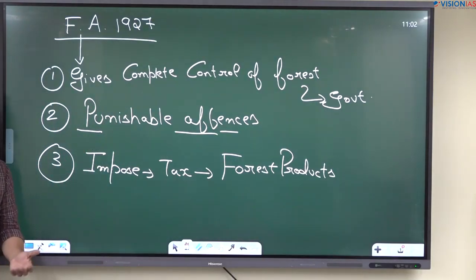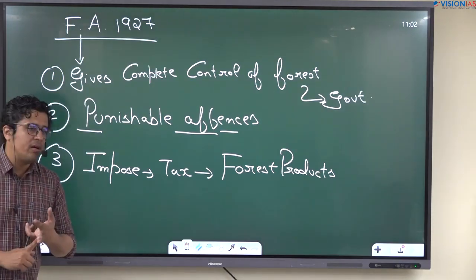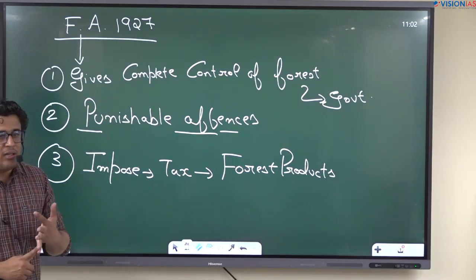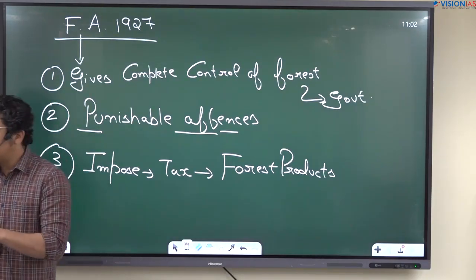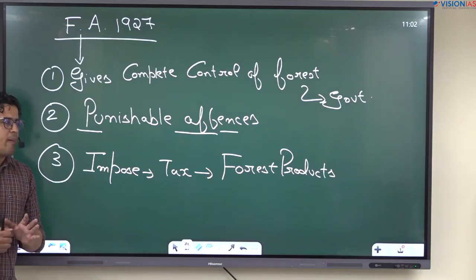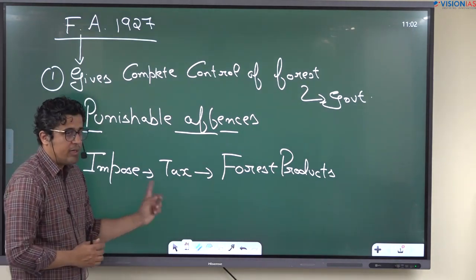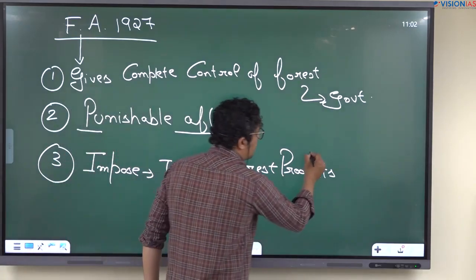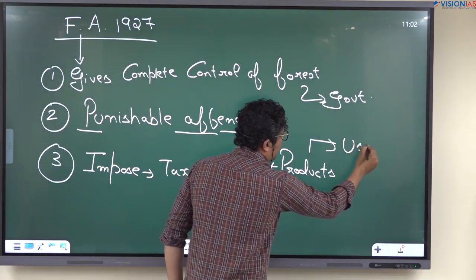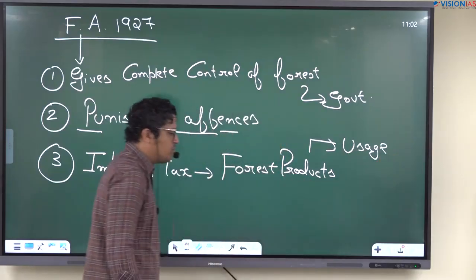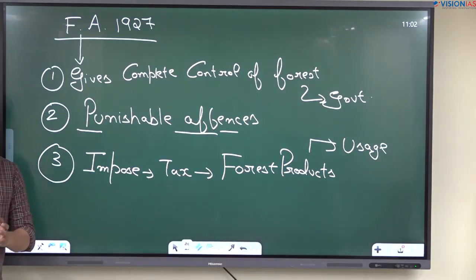You use certain products from the forest: wood, grass, medicinal plants, rubber, honey, bamboo, many different products. So its usage is not free. If you are taking something from the forest, you have to pay a tax. You are using a forest product, you have to pay a tax to the government.